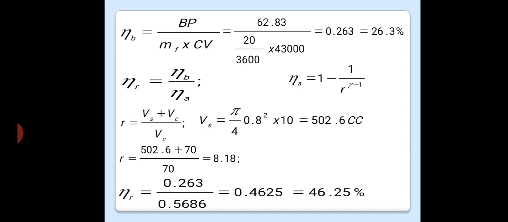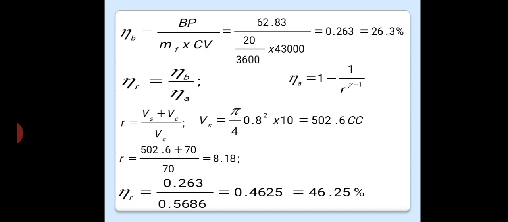So swept volume is equal to pi by 4 into 0.8 square into 10. So we got the swept volume 502.6 cc. Now we have the value of swept volume, and we know the value of clearance volume. We are going to substitute these values in the compression ratio formula.